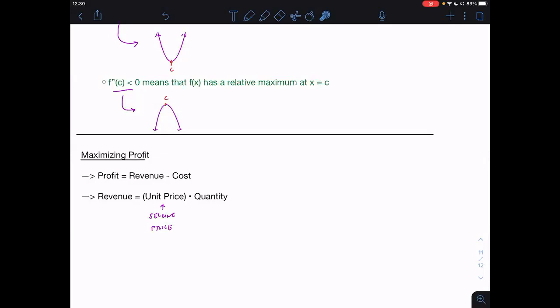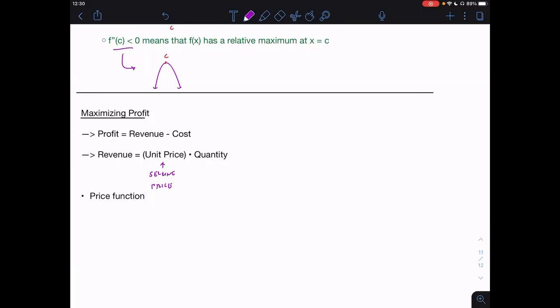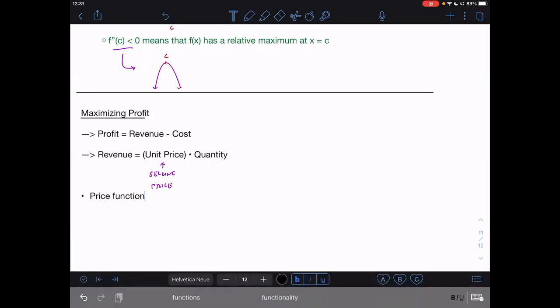Okay. Now, what we're going to do here is define and introduce another function that's going to help us determine the amount of revenue that we make. That function is known as the price function, which is denoted as lowercase p. Not big P, but little p of x.